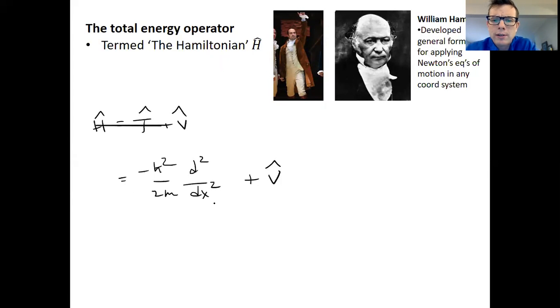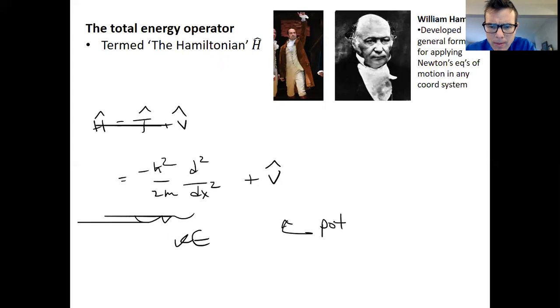And the potential, we leave in its most generic form, which is V hat, right? Again, this would depend on the specific situation. So this is the kinetic energy. This is the potential, and it depends.